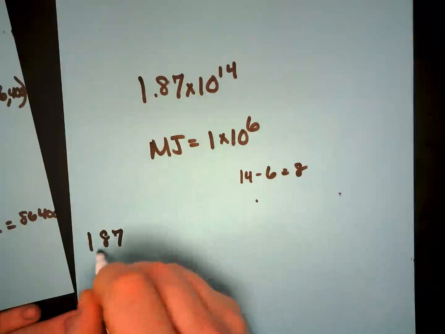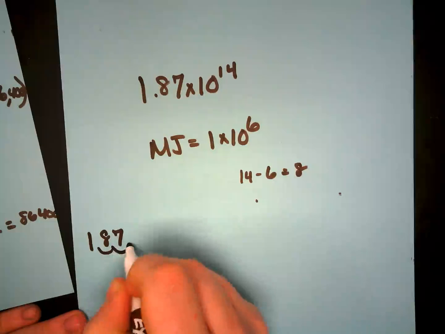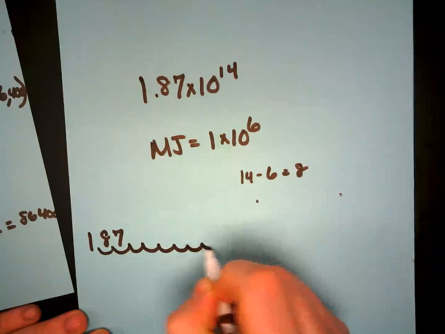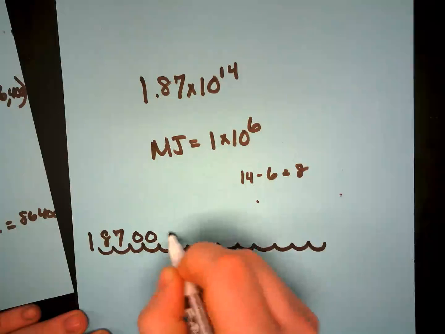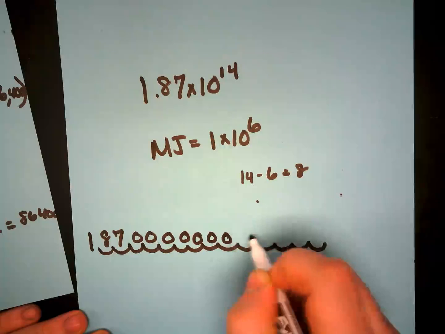You'd have 1, 8, 7, and then you count 1, 2, 3, 4, 5, 6, 7, 8, 9, 10, 11, 12, 13, 14, and you fill all those zeros in.